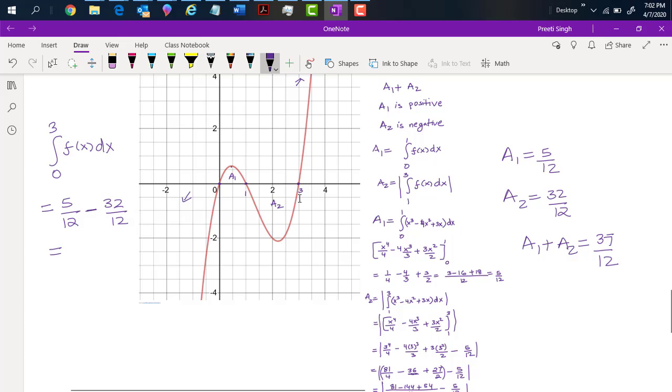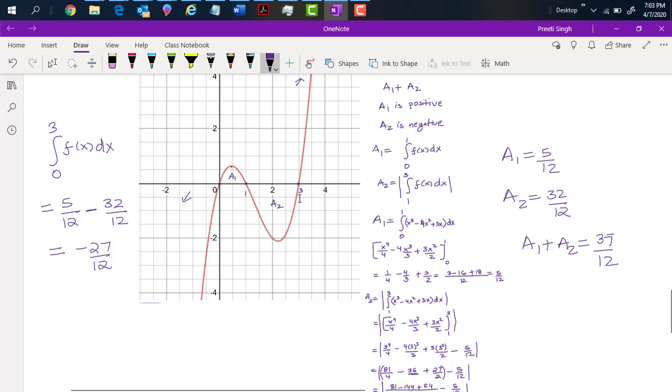It's A1 minus A2, which is negative 27 over 12. So net area could be negative, positive, or 0. But total area is always positive. For total area, you have to take the absolute value of each and every area. Below the x-axis, take the absolute value. Above the x-axis, it's already positive.